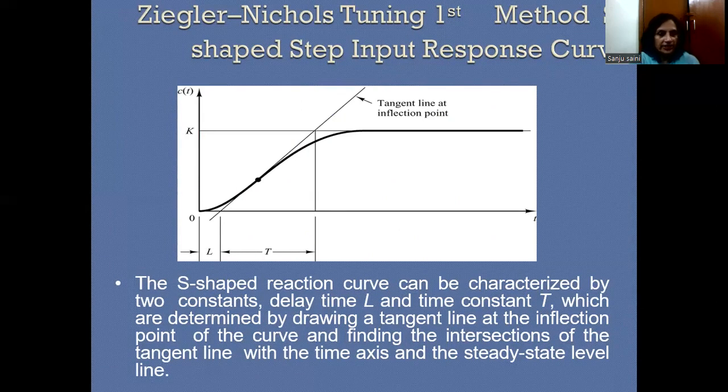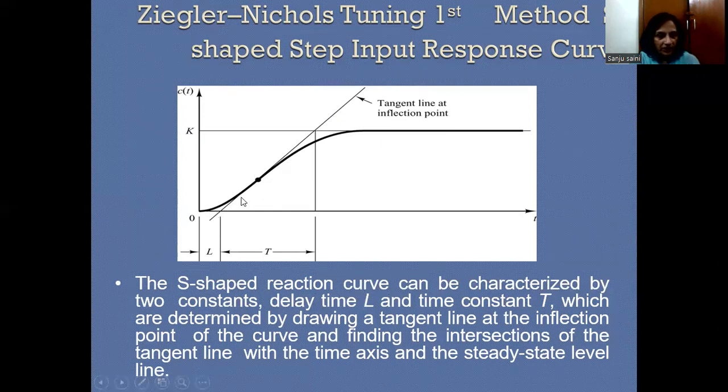Within this S-shaped reaction curve, it can be characterized by two constants: delay time L and time constant T. So this is the process. This is basically the input response curve, giving you the response of the system with respect to time. You can very well see over here that L is the delay time.